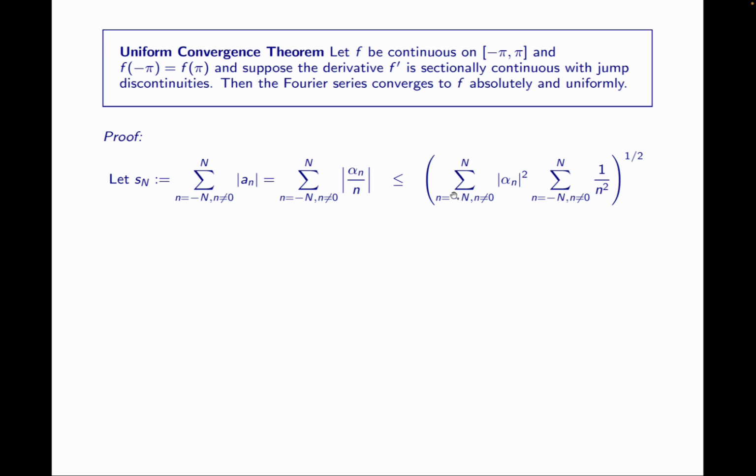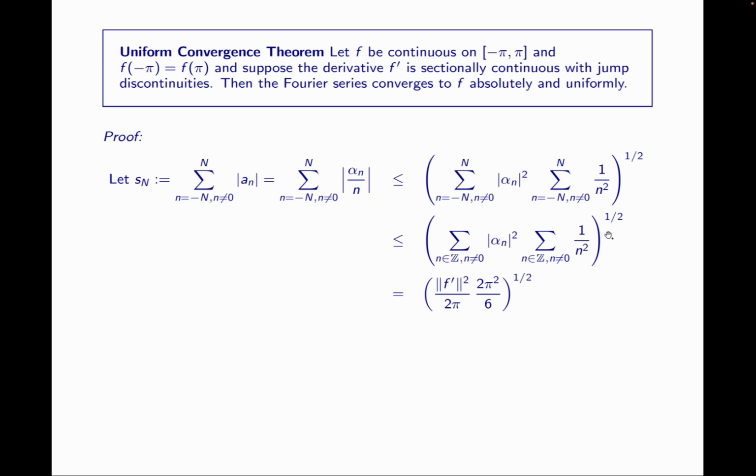Now, this term actually does converge as N goes to infinity. Furthermore, because the series has only positive terms, this truncated series has to be less than the full series. And in fact, this converges and this converges. This is exactly the norm of f prime squared divided by 2 pi.